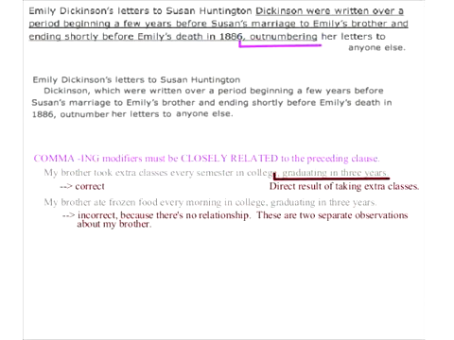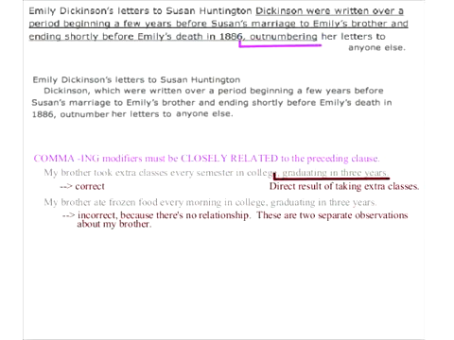So in choice A, the problem with choice A is that there's no relationship. Well, it gives a time period and then it says outnumbering her letters to anybody else. So in choice A, the clause is a time period.